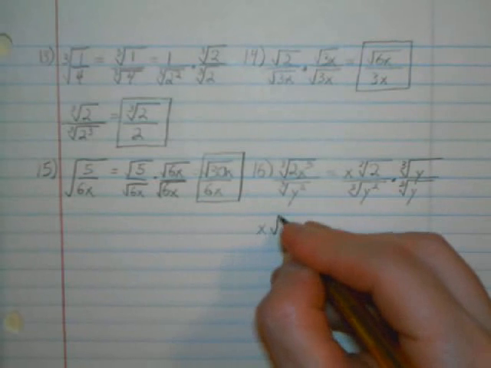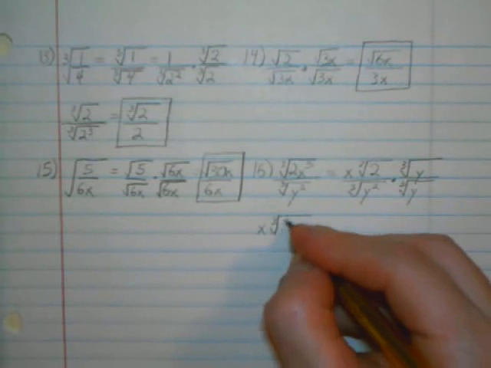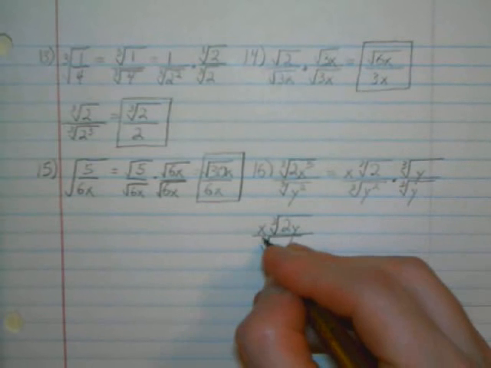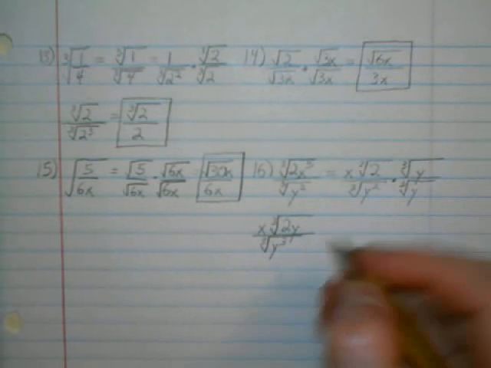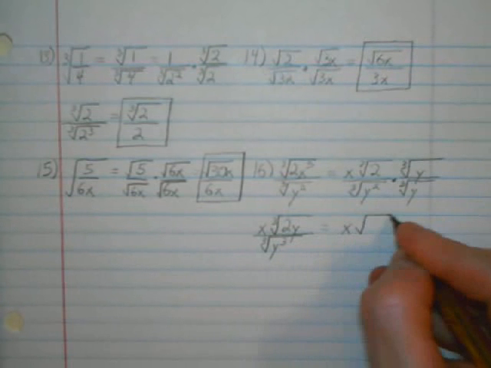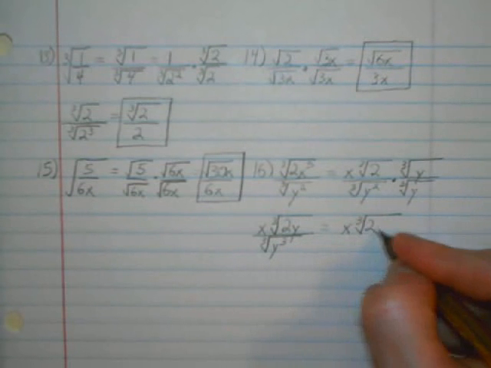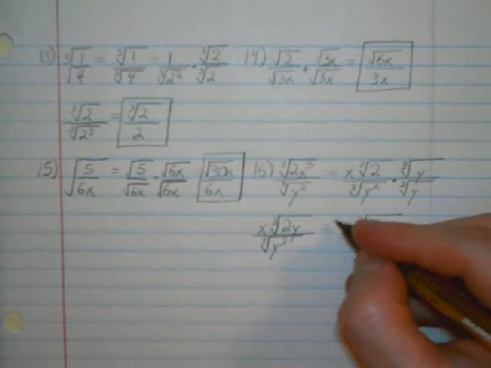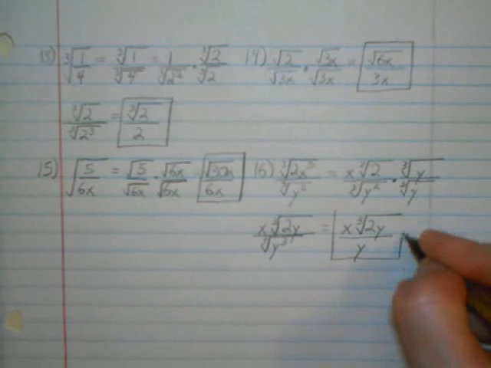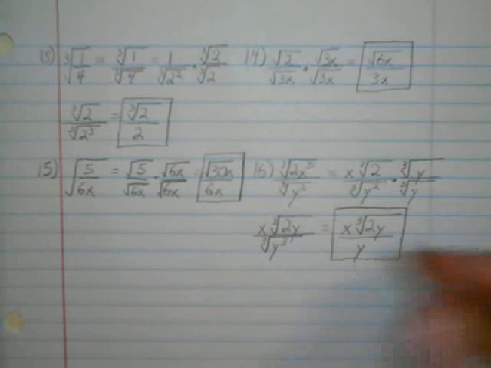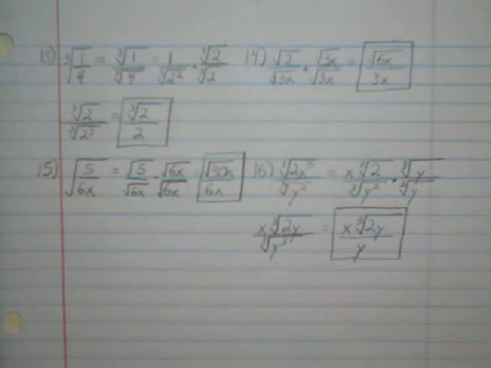And when I multiply those, I'm going to have x times the cube root of 2y. And I've got the cube root now of y to the third down at the bottom, which I can go ahead and reduce down to y. So my final answer is x times the cube root of 2y in the numerator divided by y.